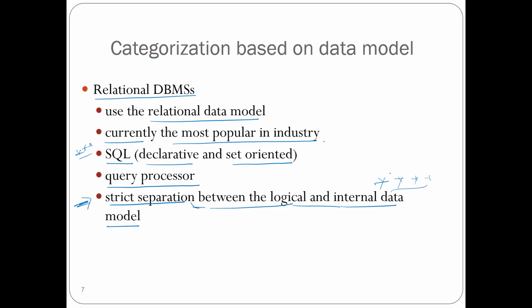This is a very important difference to keep in mind if somebody asks you about the differences between relational DBMS versus the hierarchical and network DBMS in terms of their efficiency.